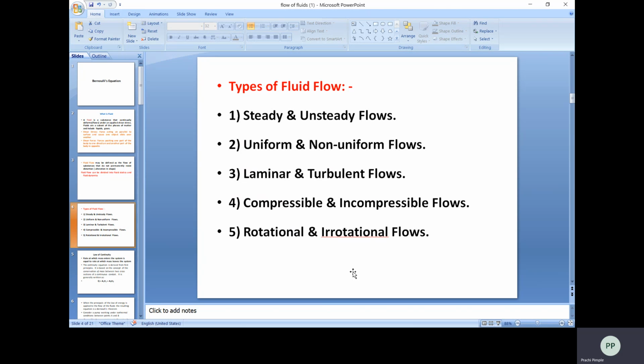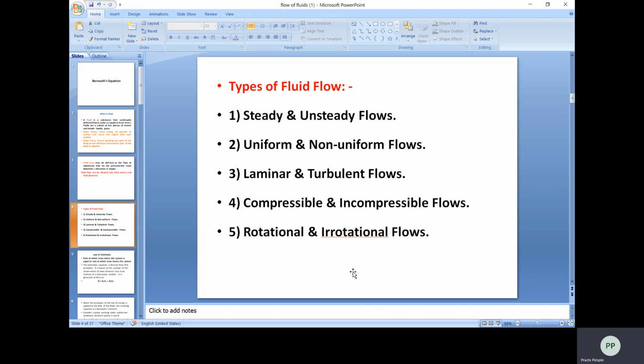Laminar flow is a flow where the fluid particles move along a well-defined path, which we also call streamline flow. In turbulent flow, the movement of the fluid particles is very irregular. Sometimes we also have a zigzag pattern of flow. So that is exactly turbulent flow.